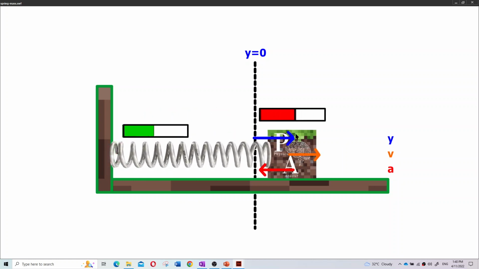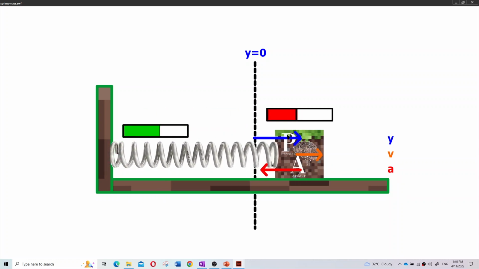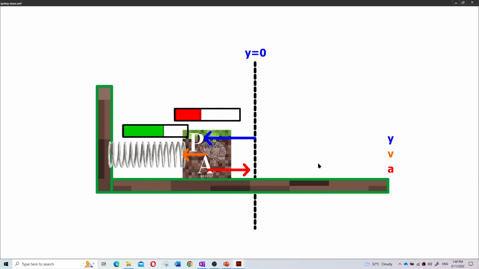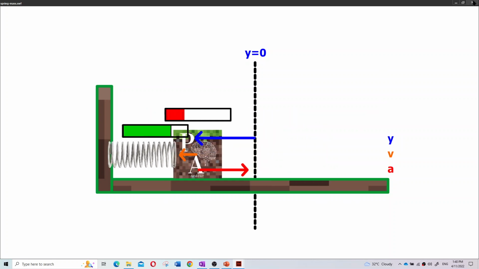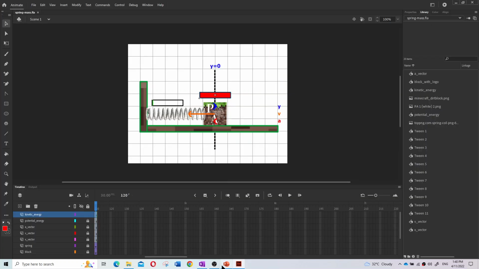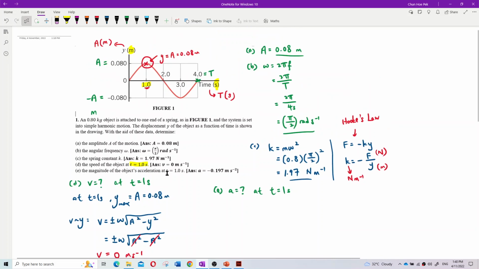It stopped for a while at amplitude, but velocity is maximum at the equilibrium. Velocity becomes zero at amplitude. Understand? So that's the animation that I created myself. That's why when displacement is at maximum amplitude, velocity is zero. So that's the answer.